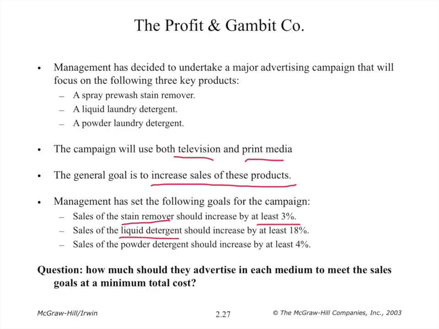Sales of liquid detergent should increase by at least 18%. And powder detergent should increase by at least 4%. The question is, how much should they advertise in each medium to meet the sales goals at minimum total cost?